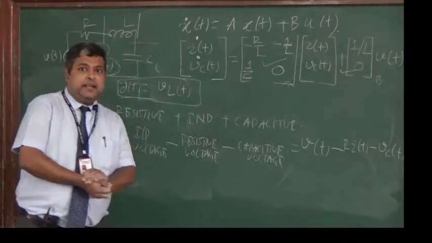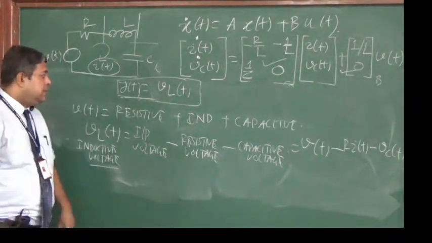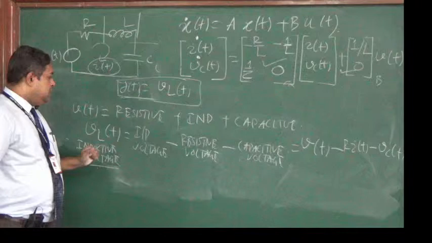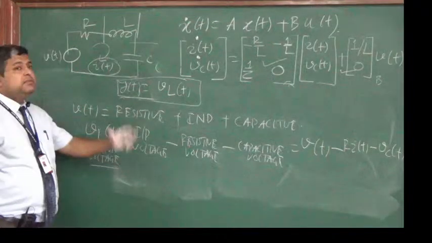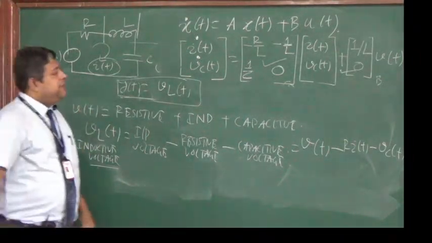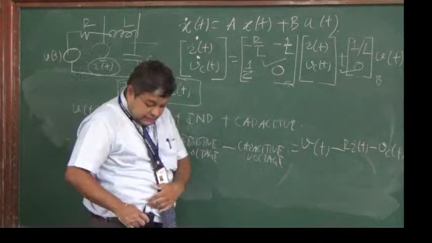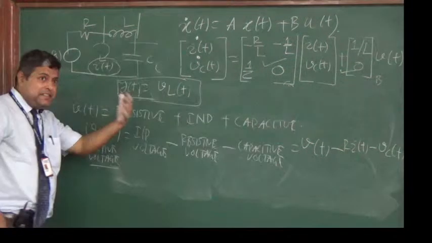Okay, welcome once again. Sorry for the unintended technical hitch in between. What we had been doing was giving you the very simple state variable model for a second order system. We have found the first equation, that is i dot(t) and vC dot(t), and I was just changing the y(t) equation.